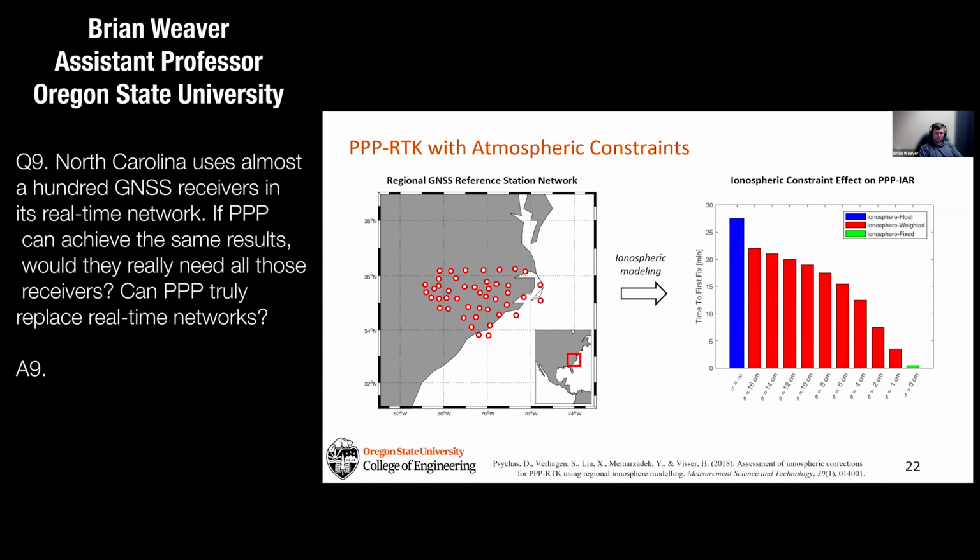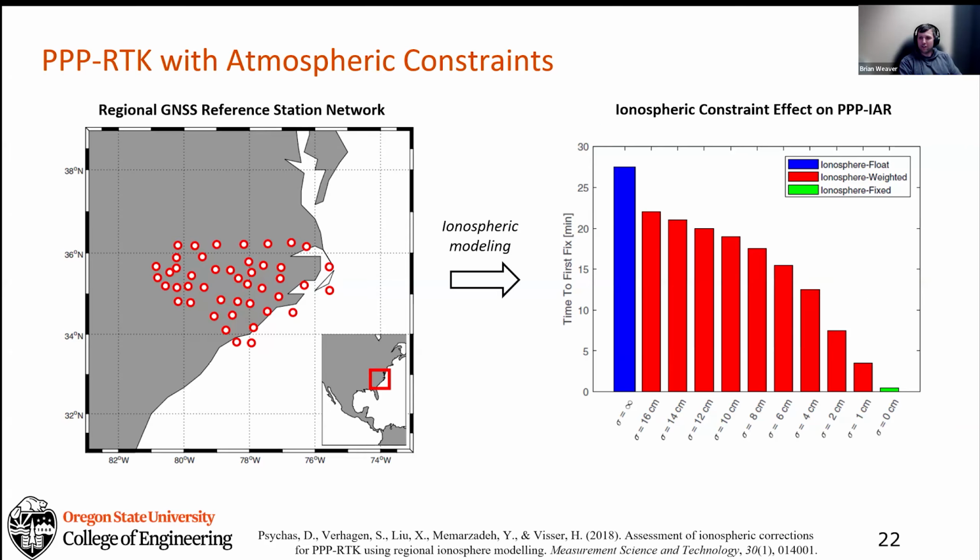Thanks, Dave. That's an excellent question. It seems like a lot of what we have talked about is focused more on the conventional PPP, which is operating at more of that global scale. At first glance, it would appear that you don't really need this dense of a reference network.